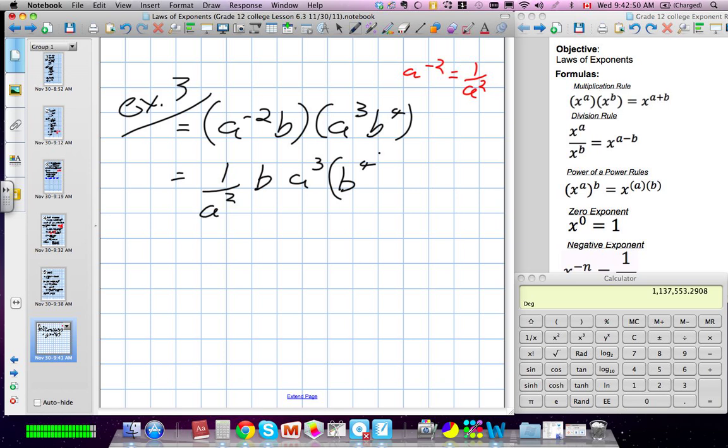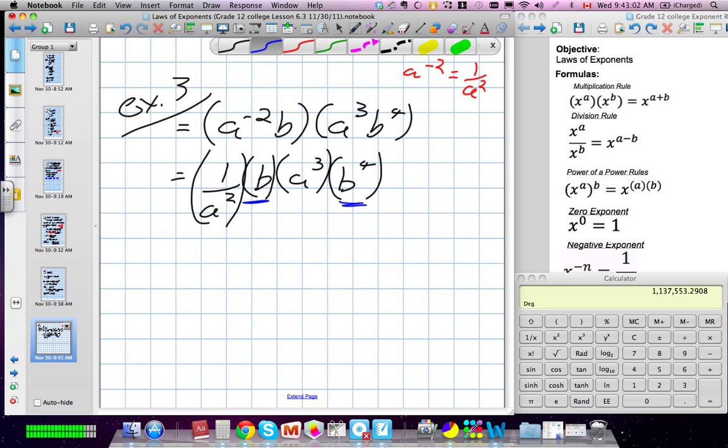I'm going to put my two b exponents beside each other and my a exponents beside each other. So we're going to get 1 over a to the power of 2 multiplied by a to the power of 3. And I'm going to get b times b to the power of 4.